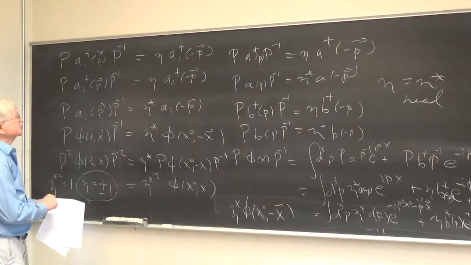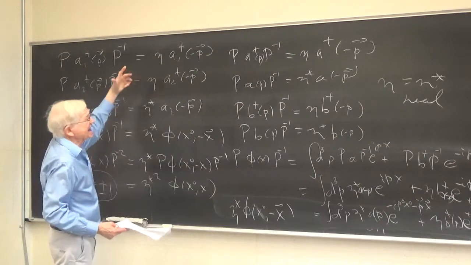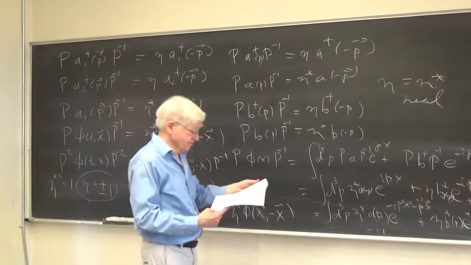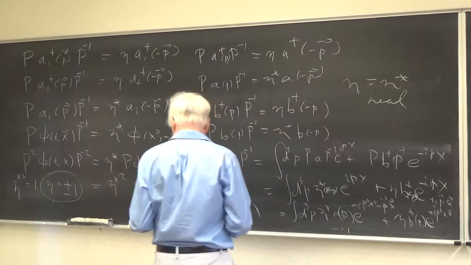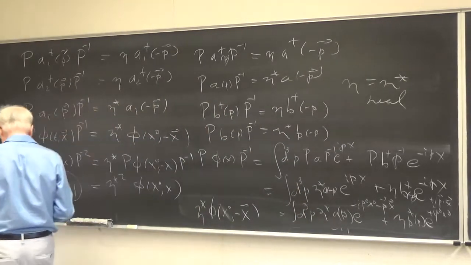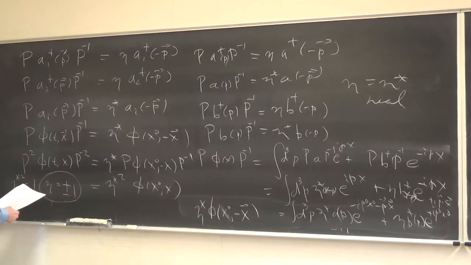Suppose the field actually is Hermitian, so we just have A, we don't have A1 and A2. In that case, the field, well, already I've got eta as plus or minus 1, period.